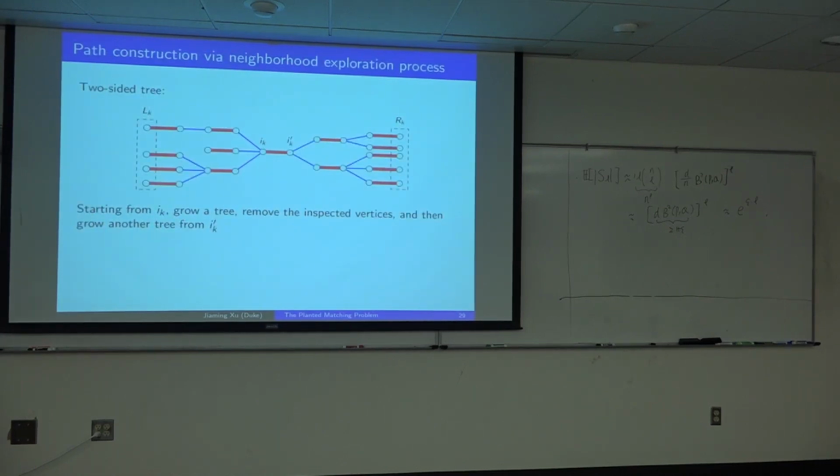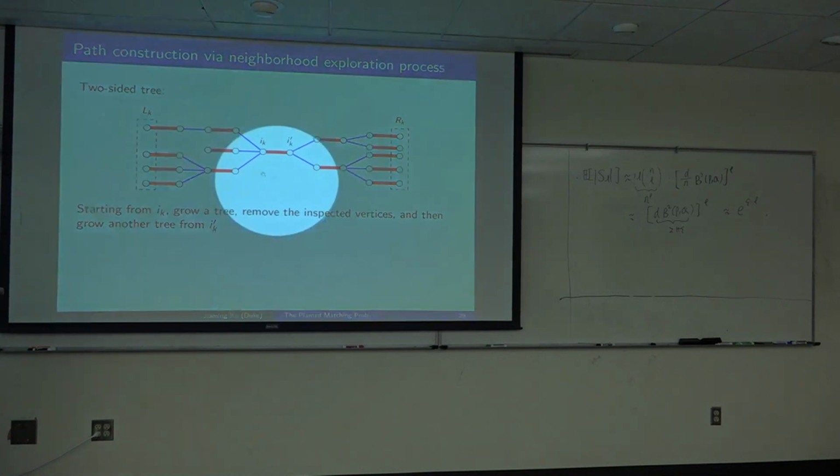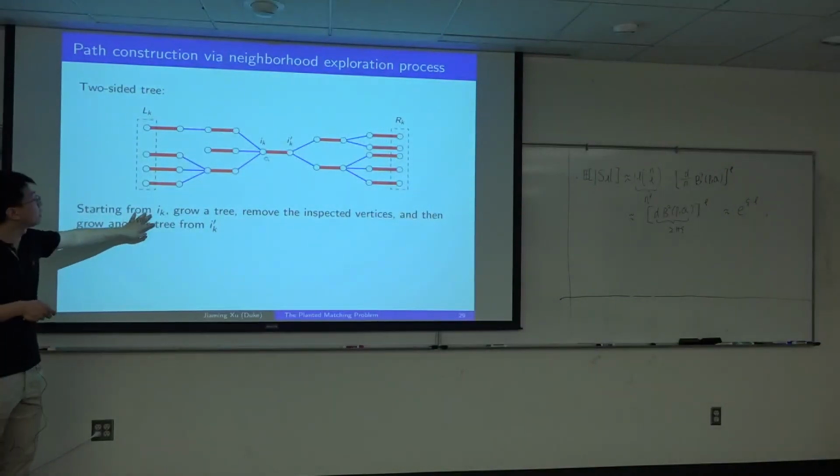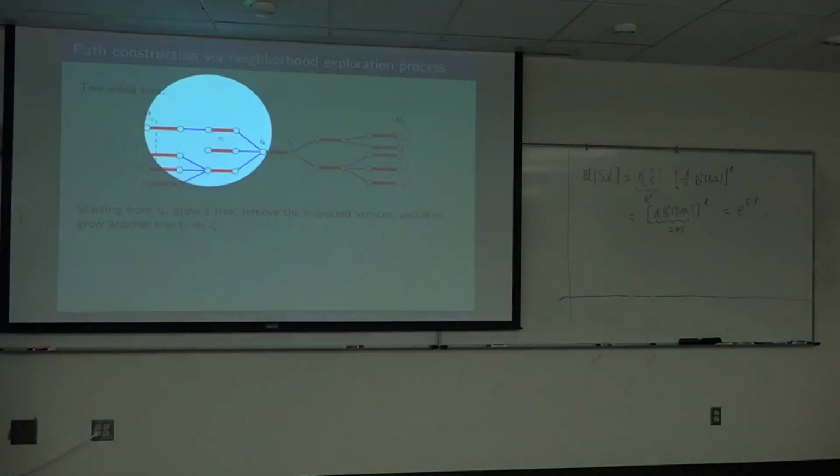Okay, so this is how we really construct this first stage, like this non-augmenting alternating path. The idea is that we can basically use this so-called neighborhood exploration process. We start from one node and try to grow a tree from the left-hand side.